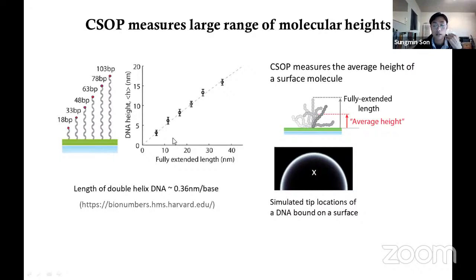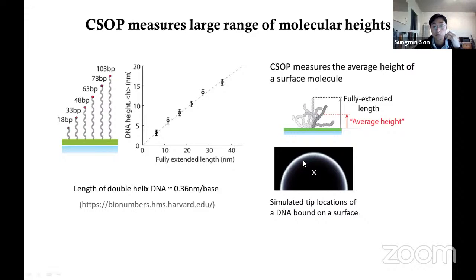So then I started thinking about the actual situation of these fluorophores, and it must be wildly fluctuating while the DNA molecule is bending, rotating, and swinging on the surface of this membrane. And as I simulated the tip locations as it does those motions, the center of mass of this tip location distribution was actually half of its maximal vertical height, suggesting that we are measuring not the fully extended end-to-end distance of DNA, but its average tip location as it's exploring all the different configurations.